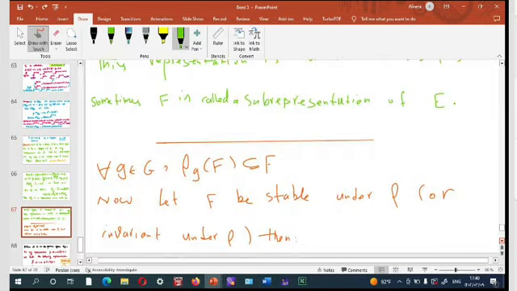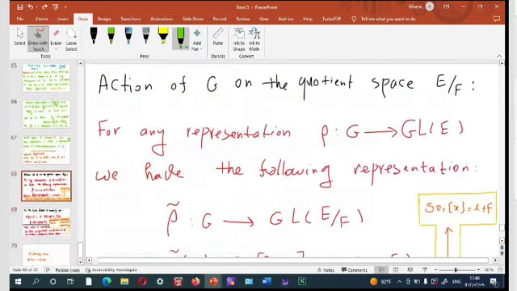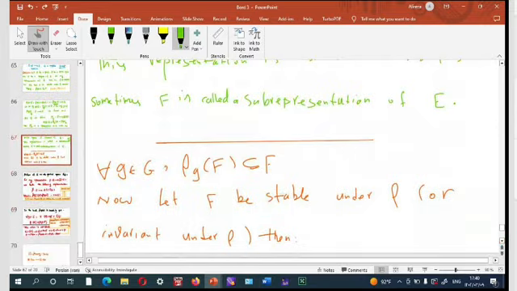Please note again that for any g in G, rho g of F is a subset of F, because F is stable under rho. Now let F be stable, or invariant, under rho.